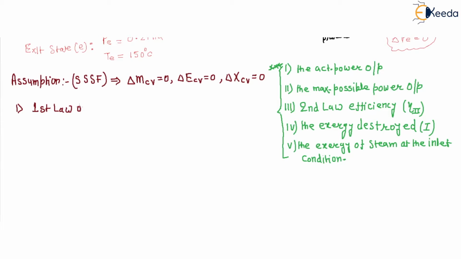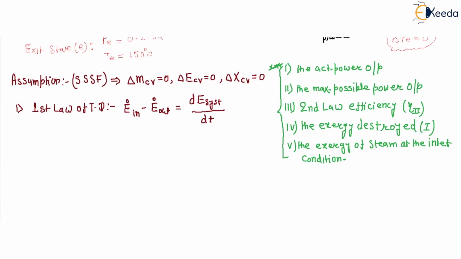The energy into the system minus the energy out from the system is equal to dE of the system by dt.